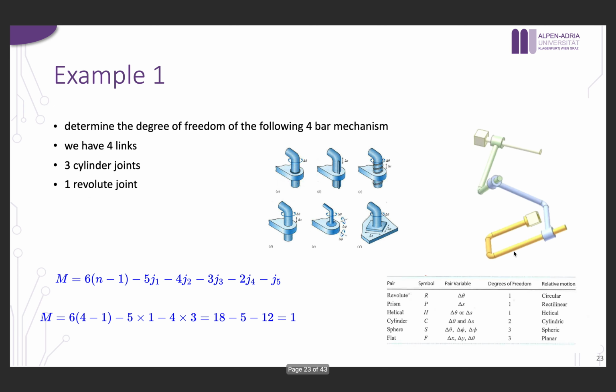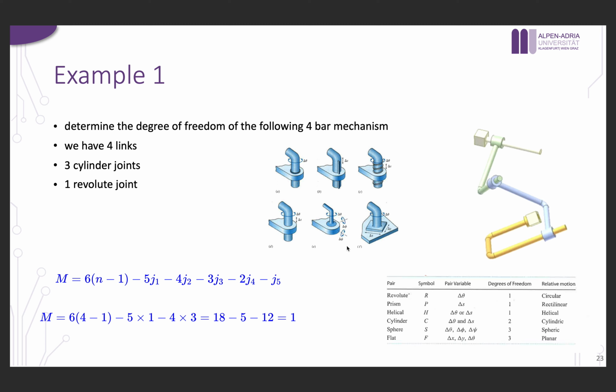So if I apply here our formula, this is a closed loop mechanism, and as I said, when you have a closed loop, that means it has 1 degree of freedom, so you need to end up with 1 degree of freedom. And if you estimate here, we end up with 1 degree of freedom.